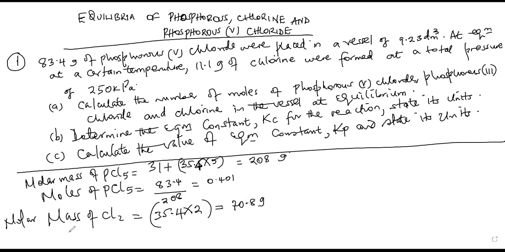So here we can get moles of chlorine. Moles of chlorine are equal to the mass of chlorine, which is 11.1, divided by the molar mass, which is 70.8. This gives you the value of moles as 0.15678 moles.